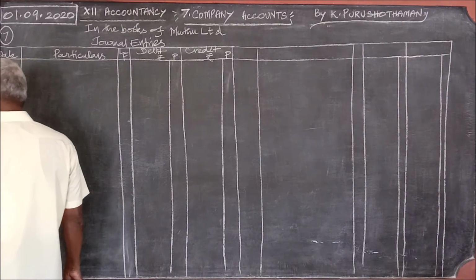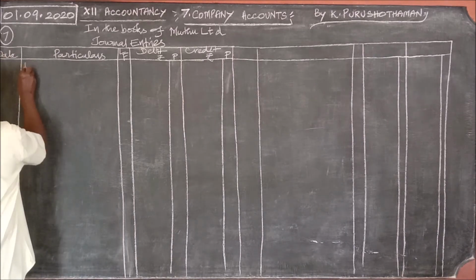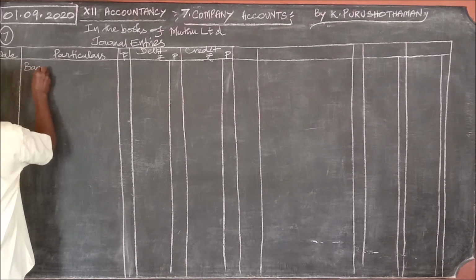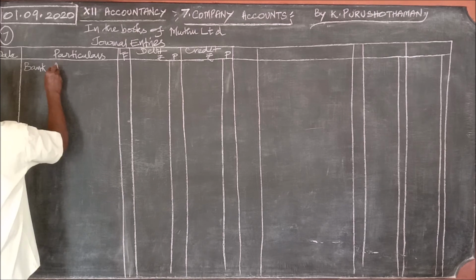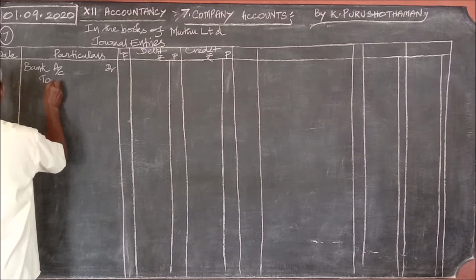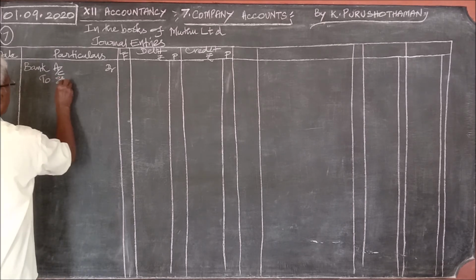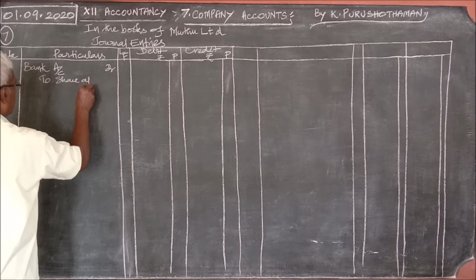What is the first one? 2 on application. What should be the journal entry for application? Bank account debit to, here the name of the share is not given, therefore we can write share application account.